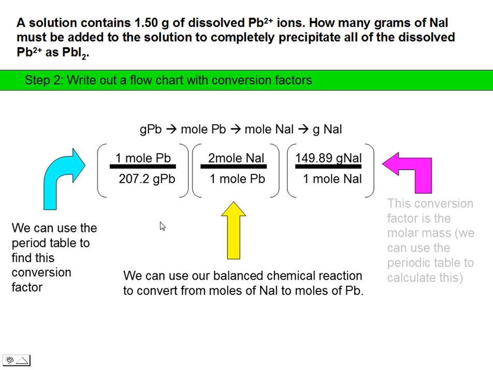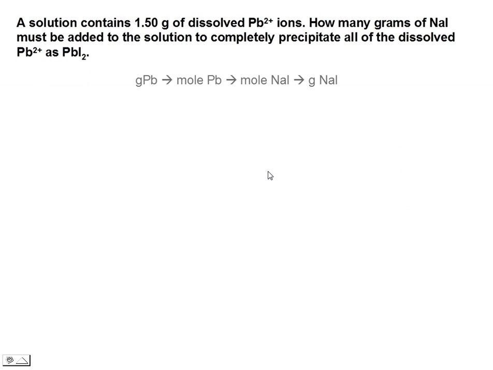And to find the grams of sodium iodide, we need to use the moles of sodium iodide to go into the grams of sodium iodide. And we can use the molar mass calculation, using the masses of iodine and sodium on the periodic table, to calculate this number. Now we have our flowchart along with our conversion factors.